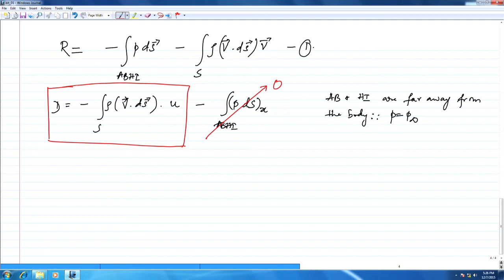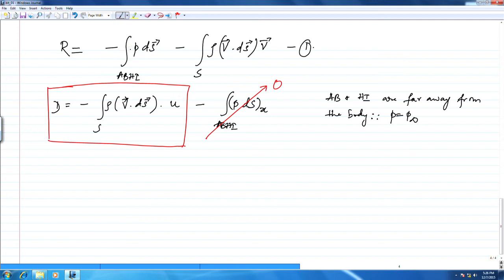Now what we are going to look at is to break this down over the several boundaries that we have. Let me write that down here.